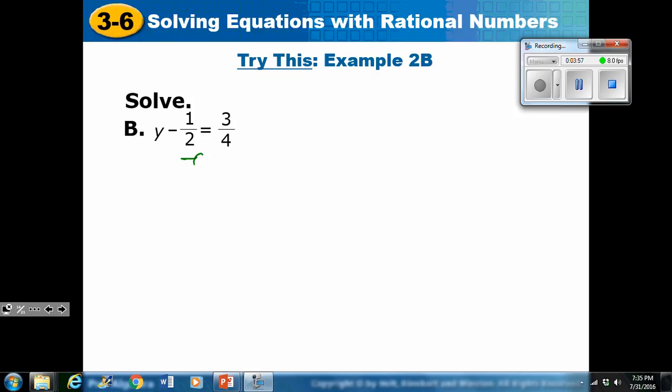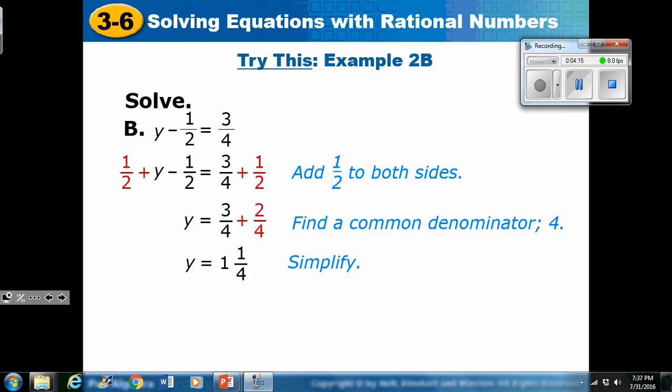We're going to add 1/2 to both sides. Actually, let's go ahead and have you work this one by yourself and pause the video and come back for checking the problem. And your answer is 1 1/4.